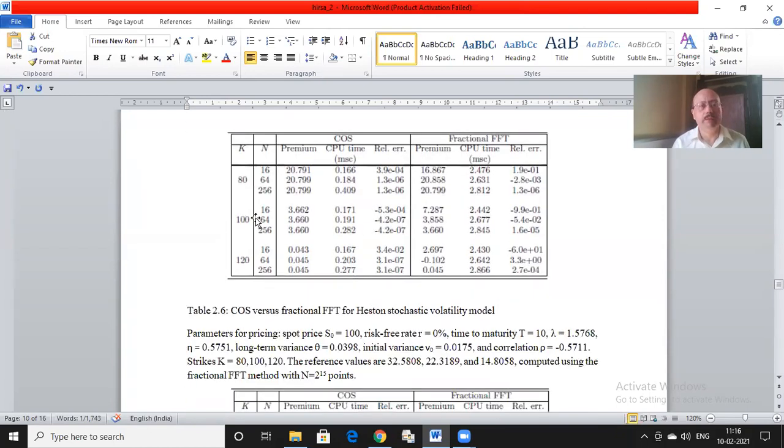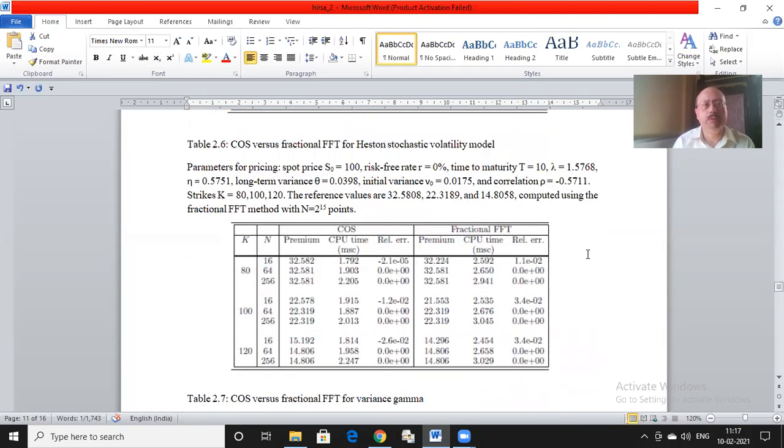When I talk about the 120 strike price, again, the cosine method is there much before the fractional FFT. So for the simplest model, geometric Brownian motion, we can easily see that the cosine method is a, I was going to say Pareto improvement, but I guess I should say it vector dominates fractional FFT. Okay, is that correct? So it is unambiguously better on both counts.